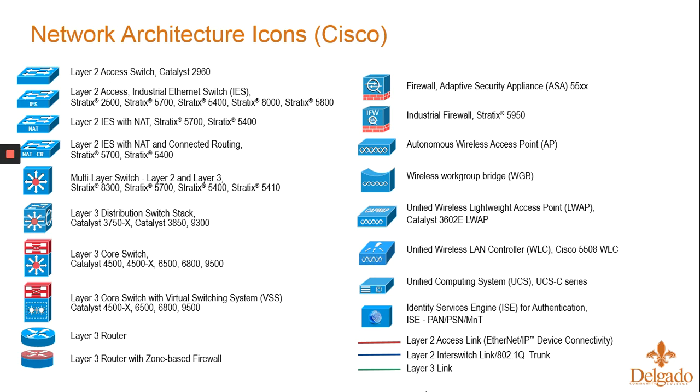You see the little disk at the bottom left, layer 3 routers. If you had a router, they look like little hockey pucks perhaps. A router is a little different than a switch, but the router is actually going to allow us to connect different networks together. And we'll discuss that in a moment. The right-hand side just shows some other things such as firewalls.